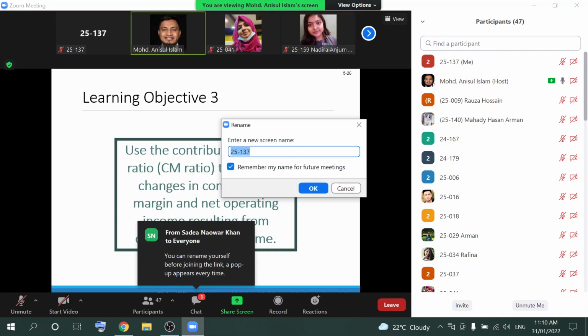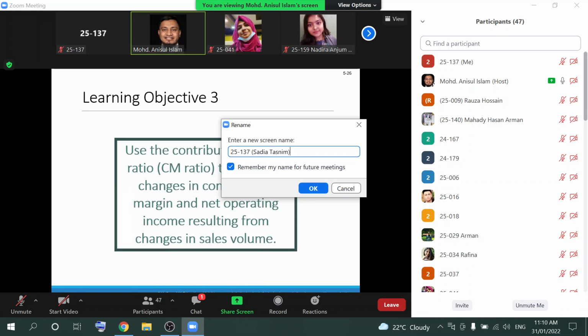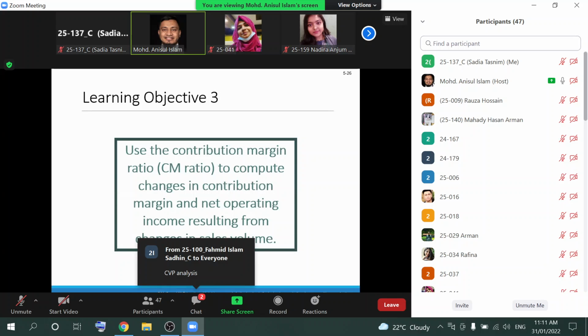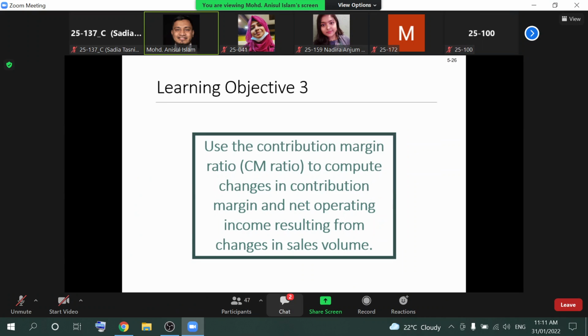So what we were doing in the previous class, can anyone please write in the chat box in 3 or 4 words what we were doing? Can anyone write in your chat box what we were doing in the previous class, CVP analysis? Okay, so for what purposes will CVP analysis help us?